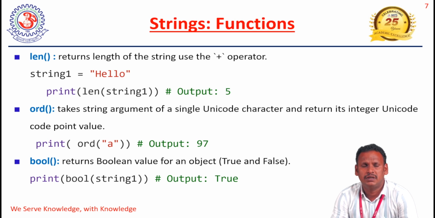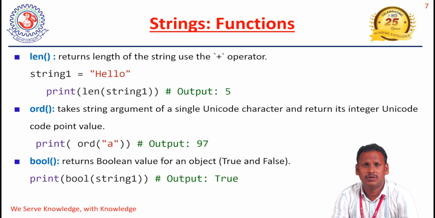And then the next function is ord. It gives the ordinal value and returns the Unicode value of a given character. Unicode is nothing but what in C programming we call the ASCII format. So here the Unicode value for a is 97. It returns the Unicode value of the given character, so you have to mention only a single character.